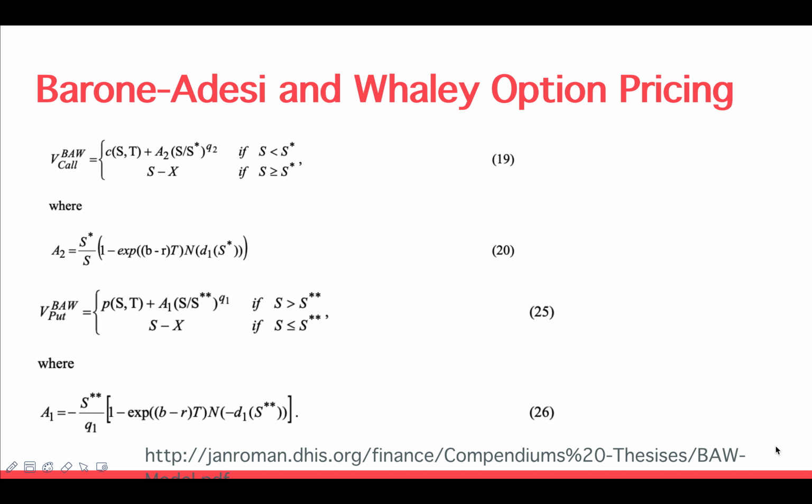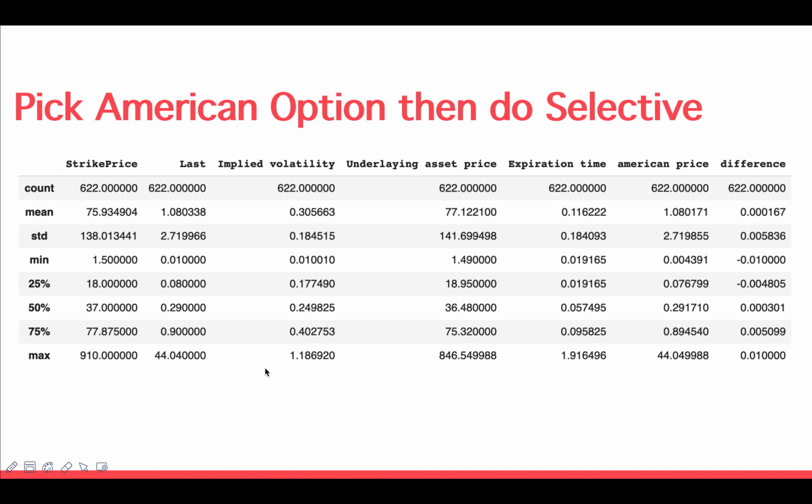This method is kind of developed from the BS model. I referenced this paper and got the formula, and then I wrote the code to find the American options. In the end I found only around 600 options, so it's not much, especially when I separate them into ITM and OTM.